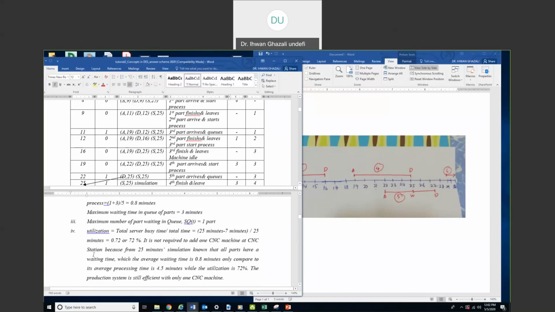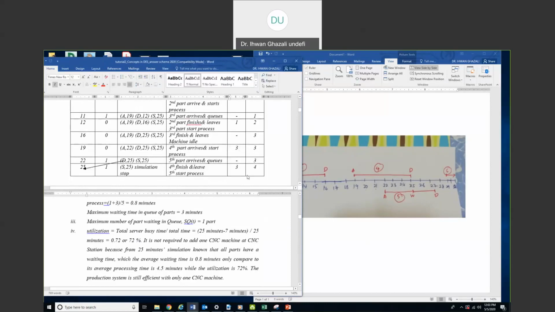Question: from the 25-minute simulation, it is known that all parts have a waiting time, for which the average waiting time is 0.8 minutes only, compared to its average processing time of 4.5 minutes for overall processing time.